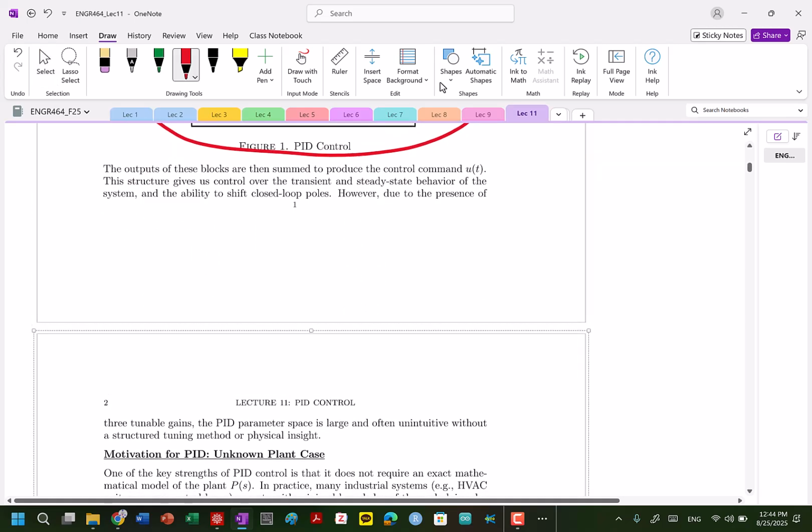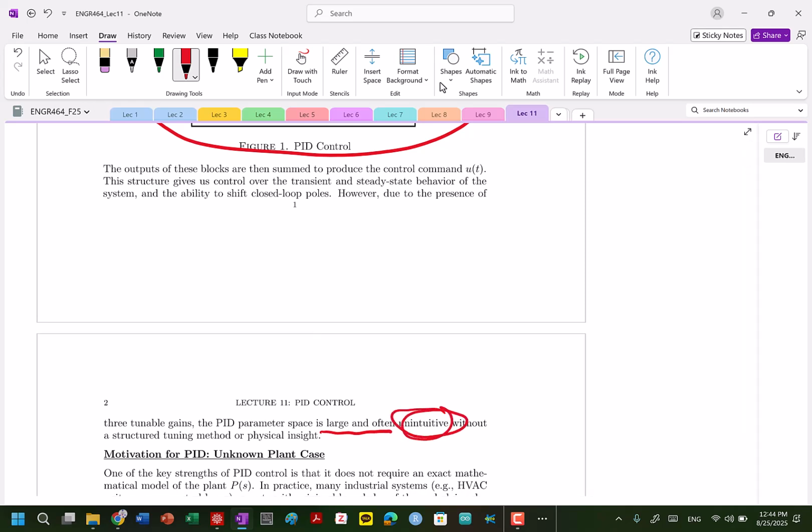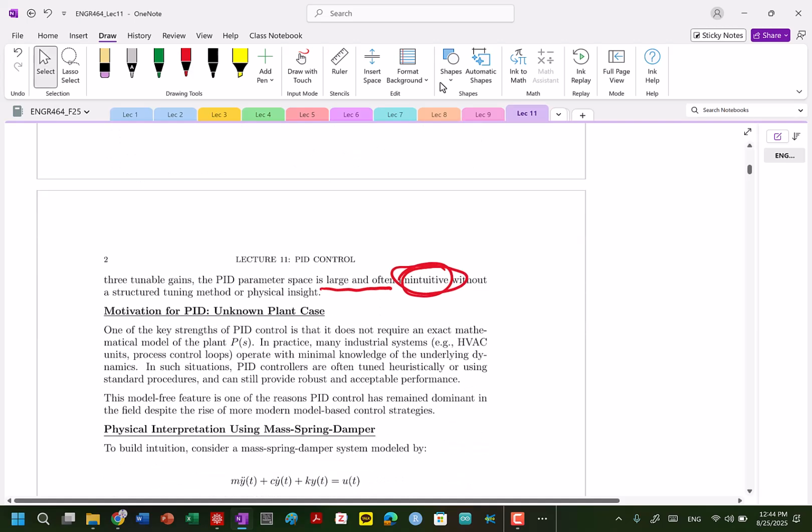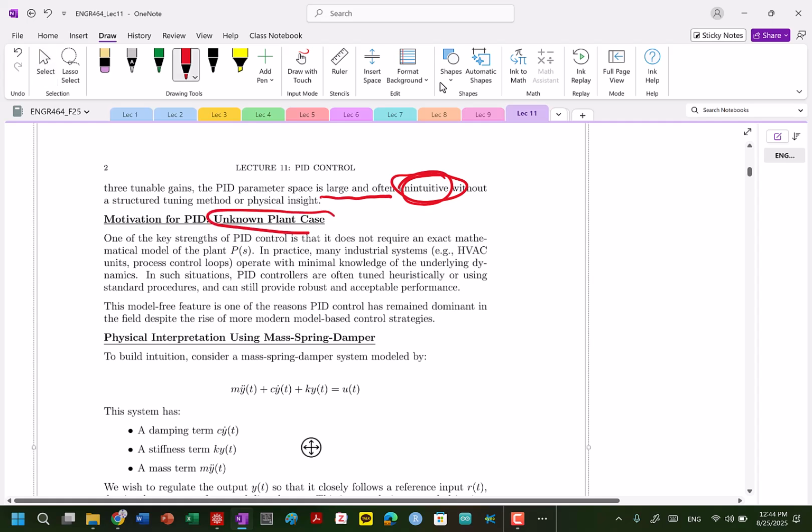It's a very, very large parameter space, and people often use this unintuitively without a structured tuning method or physical insight. PID is really used commonly, especially when you don't know what the plant is. Now that seems like heresy to us in this class because we need to understand the dynamics of that plant system.